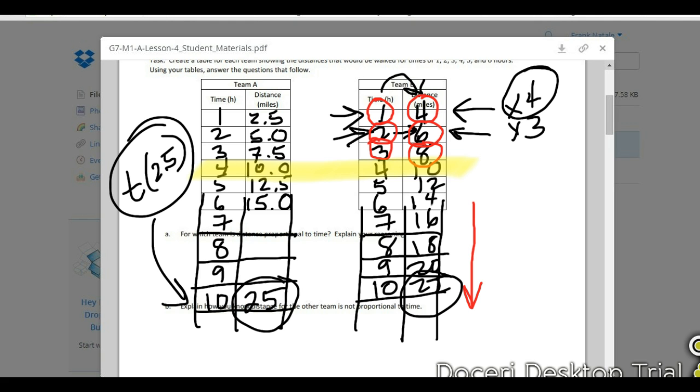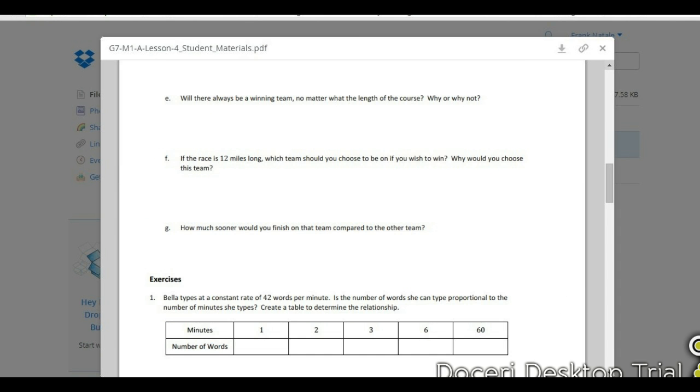As you can see, they were only a mile behind here, and now by 10 hours they're 3 miles behind. So they're losing ground. So it seems this would be the only place where there would be no winner.